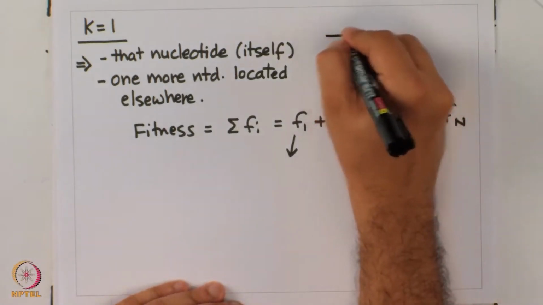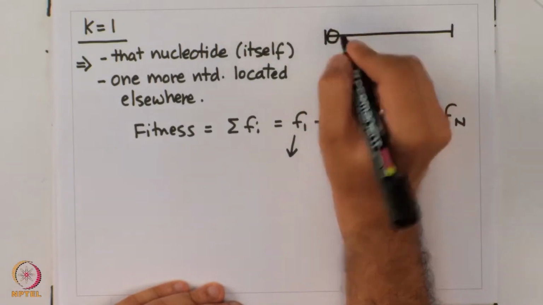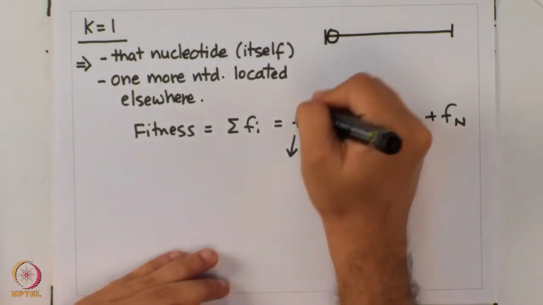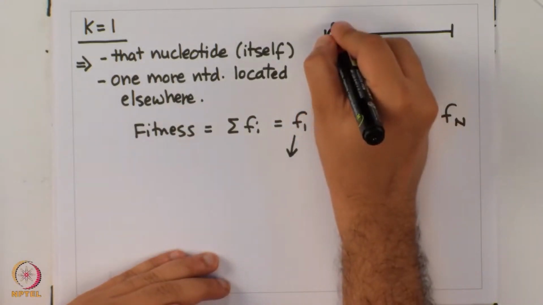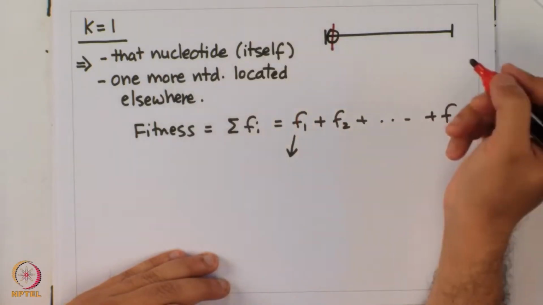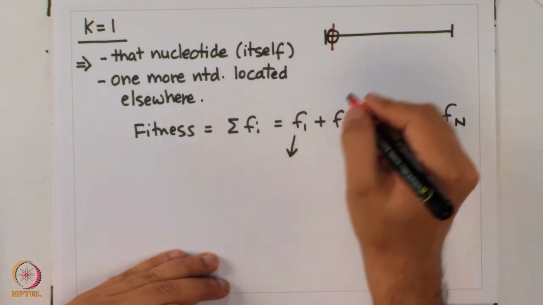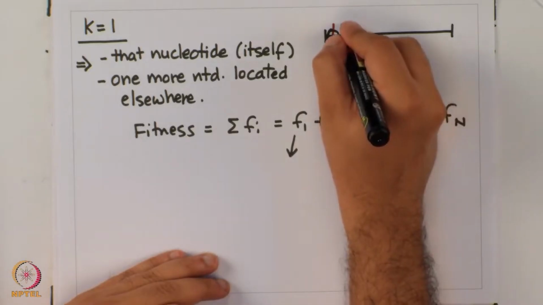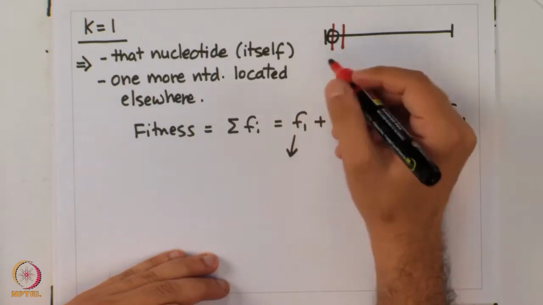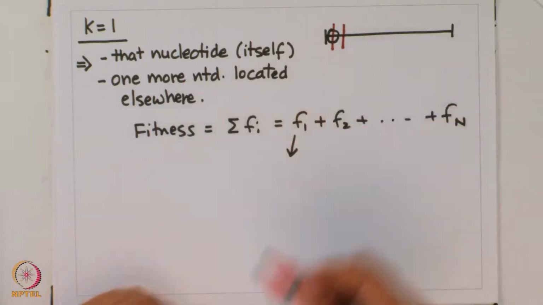So, if I have a DNA string such as this, this is position number 1. For sake of simplicity, I will define that the F1 contribution is dependent on what is present on position number 1, and that second position elsewhere on the chromosome which decides the fitness contribution is just the neighboring nucleotide. So, F1 is dependent on what is present as nucleotide 1 and what is present as nucleotide 2.